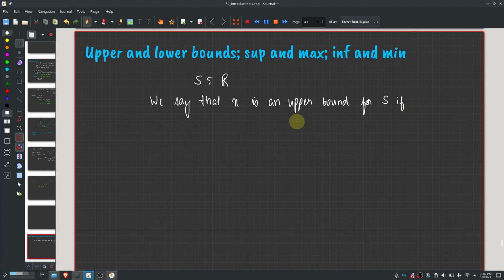For all y belonging to S, y less than... Correct. So x is an upper bound if y is less than or equal to x for all y that lies in S. Similarly, lower bound.